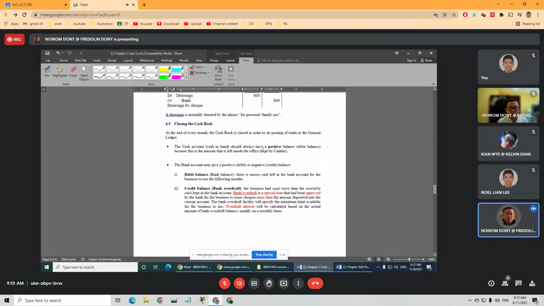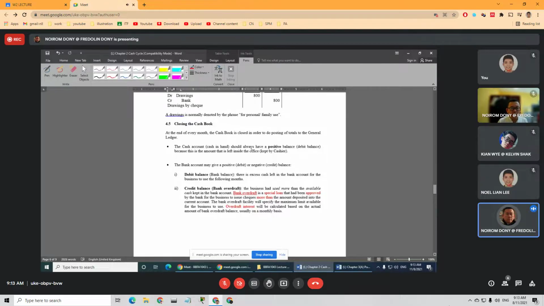What is a positive balance? The cash account and the bank account are all debit items, isn't it? So positive balance means your total debit is more than total credit.